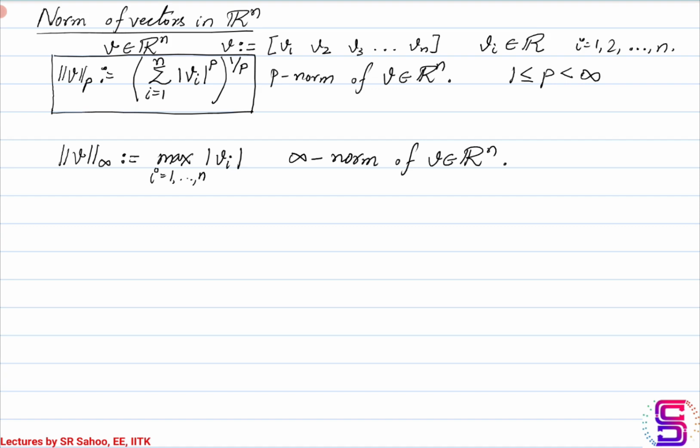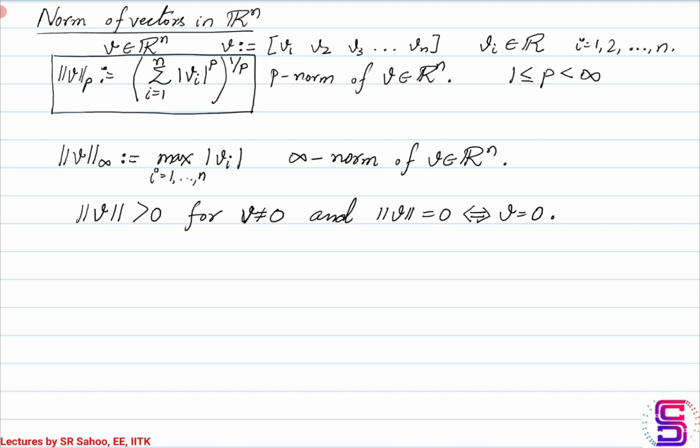Now, a few things to notice. The definition of norm satisfies three properties. The p norm or the infinite norm will always be greater than 0 for v not equal to 0, and norm of v will be equal to 0 if and only if v is 0.